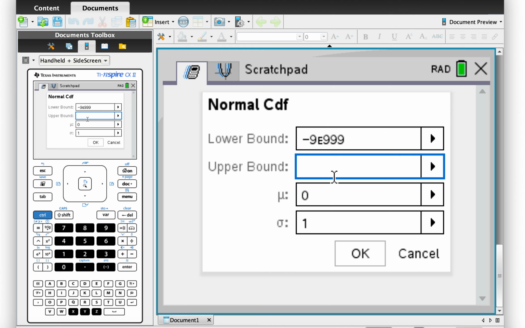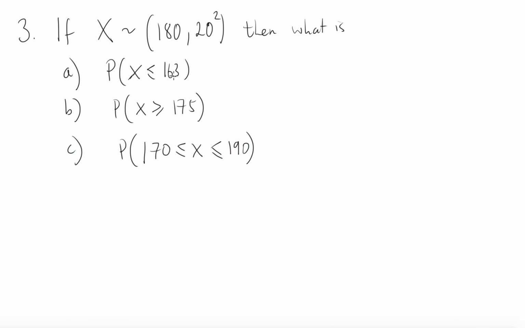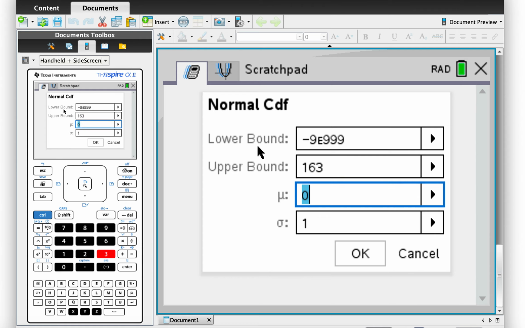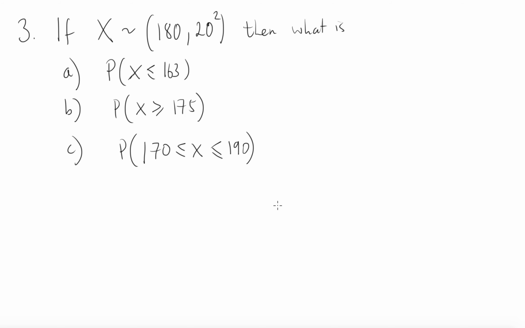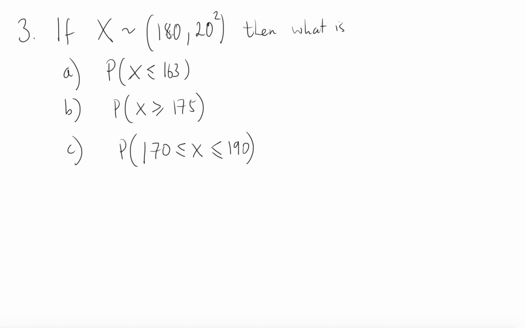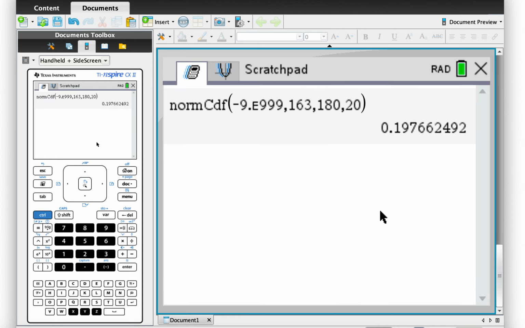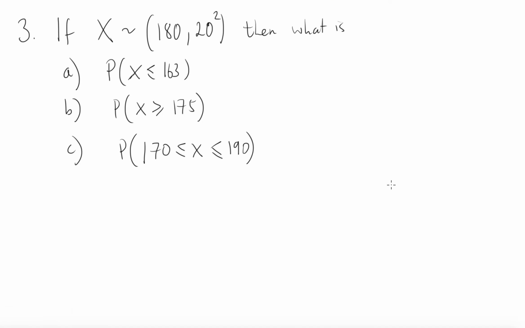If you have a value which is less than or equal to a certain number, your lower bound is going to have to be the smallest number you can get. For the upper bound, you take the value given, which will be 163. Your mu, which is your mean, is going to be 180, and the standard deviation is 20, and you click OK. So we get out a value of 0.198 to 3 sig figs.